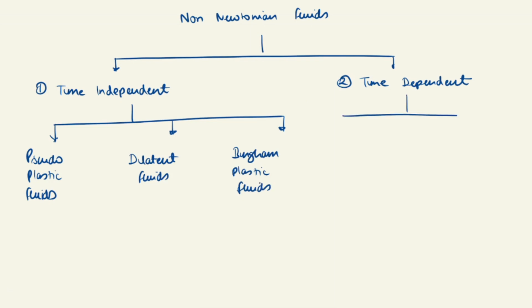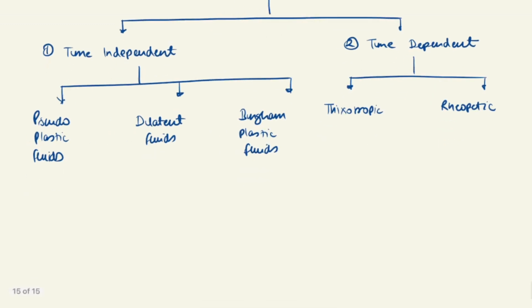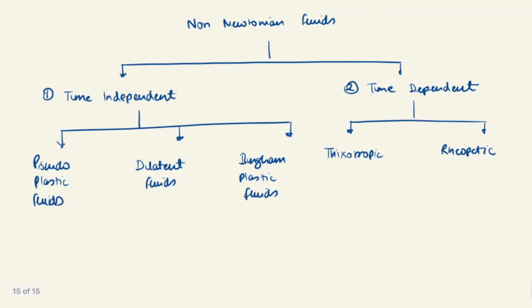And time dependent is categorized into two: thixotropic and rheopectic. Okay, so this is the category of non-Newtonian fluids.